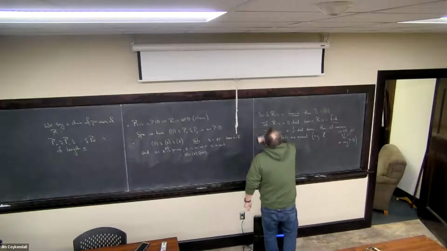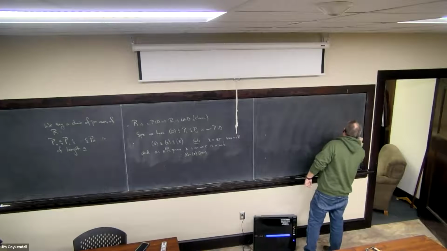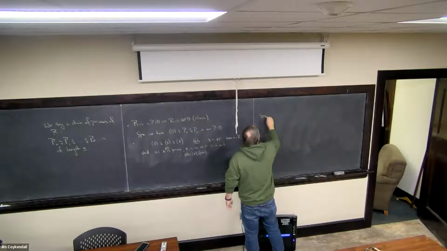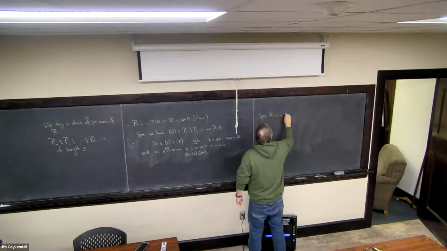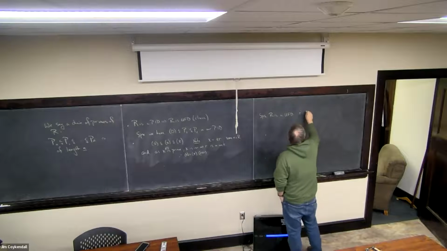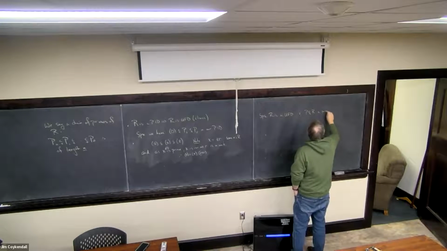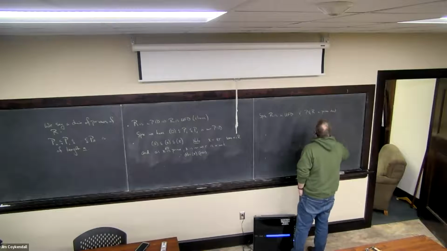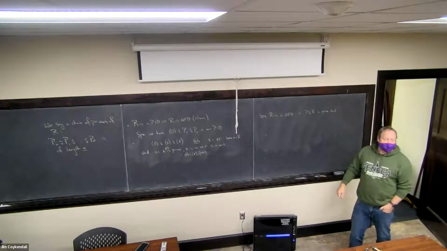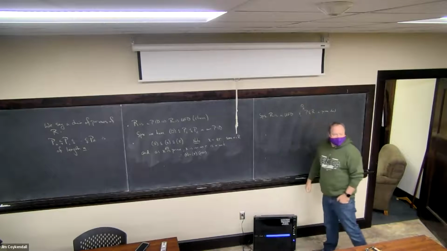The other direction is, suppose R is a UFD and suppose that P is a non-zero prime ideal, say.